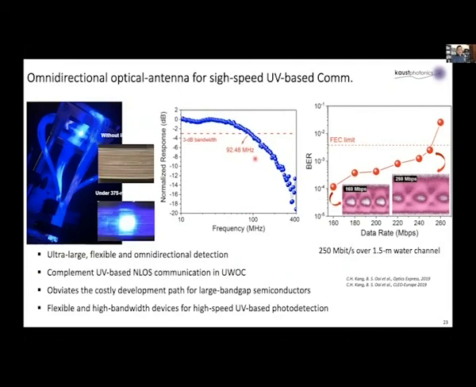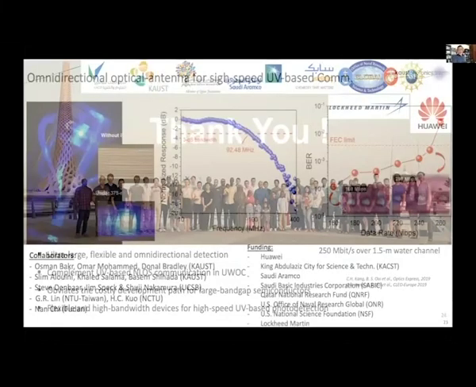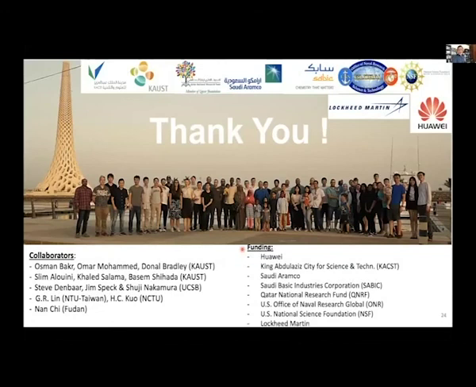Doing this, we managed to get 250 megabit per second in an underwater channel, and the bandwidth that we get is close to about 100 megahertz or so, because after the light conversion, the speed of the conversion in the scintillating dye is not very high. But it's a proof of concept that we are able to get to a higher speed and enlarge with a bigger field of view.